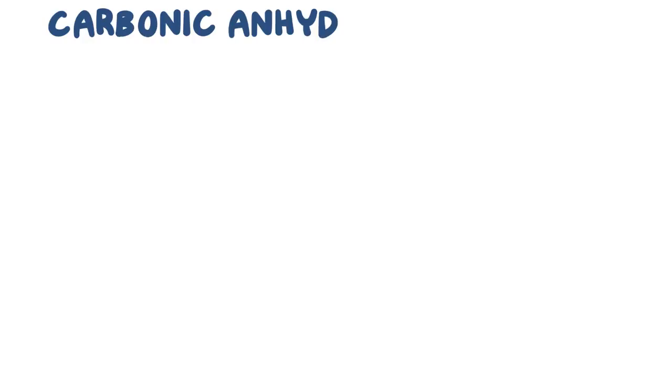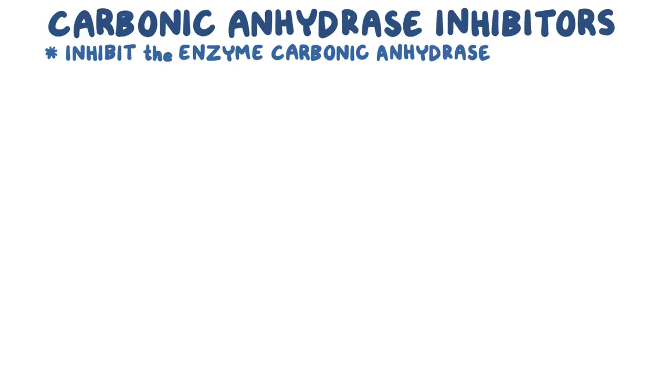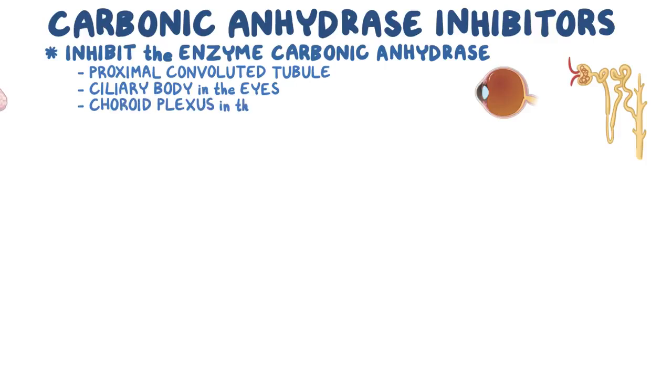Alright, as a quick recap. Carbonic anhydrase inhibitors are a class of medications that act by inhibiting the enzyme carbonic anhydrase. Carbonic anhydrase can be found in epithelial cells that line the proximal convoluted tubule of the kidney, as well as those lining the ciliary body in the eyes, and the choroid plexus in the brain ventricles.